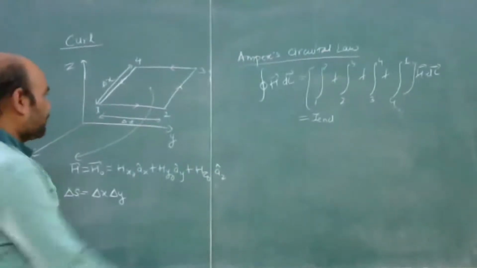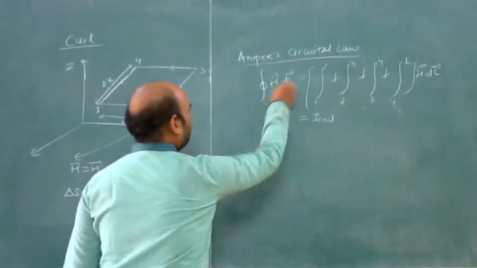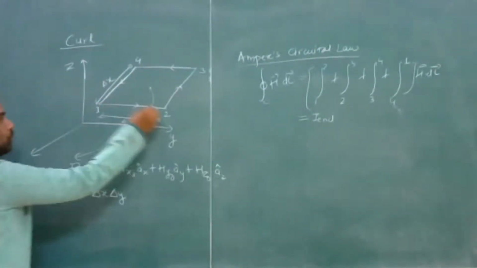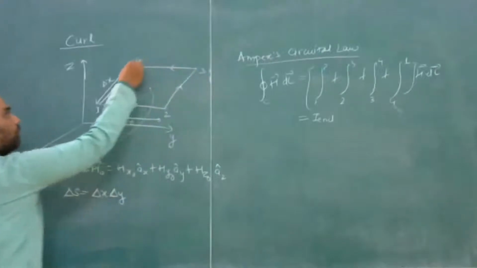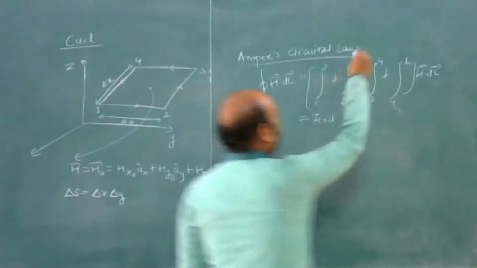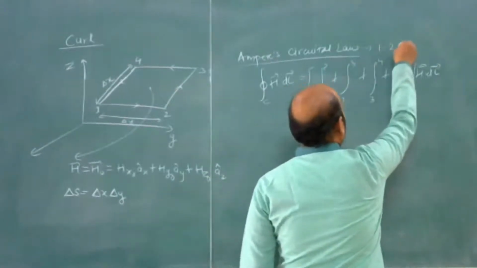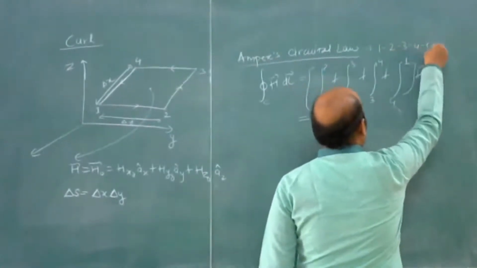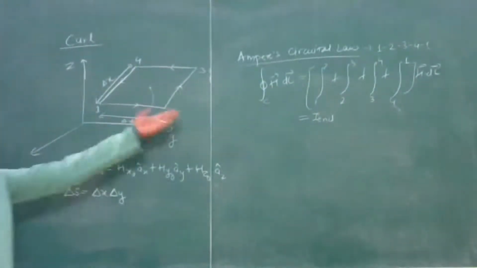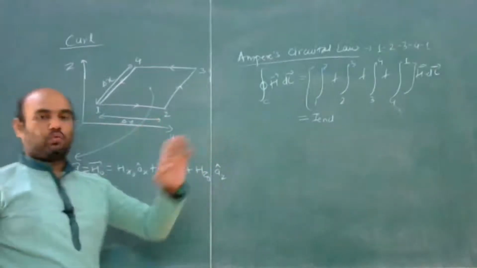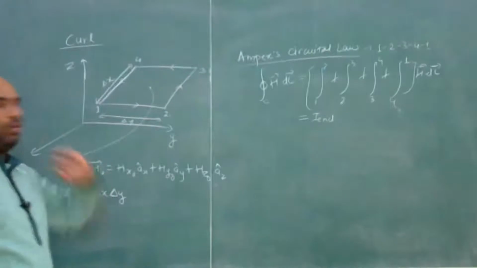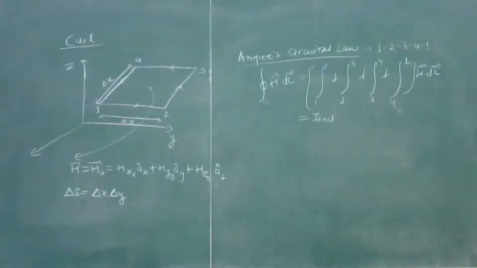So the closed line integral of H dot dl is divided into four integrals, starting from 1 to 2, 2 to 3, 3 to 4, 4 to 1. We are applying this law to the path 1, 2, 3, 4, and again back to 1.